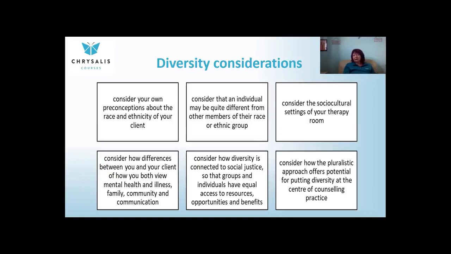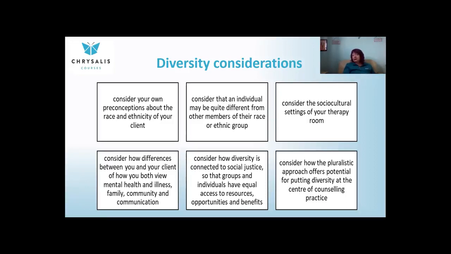We need to consider the differences between us and our client and how we both view mental health and illness and family and community and communication. And we need to consider how diversity is connected to social justice so that groups and individuals have equal access to resources and opportunities and benefits.